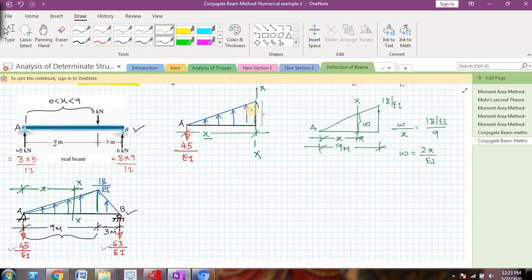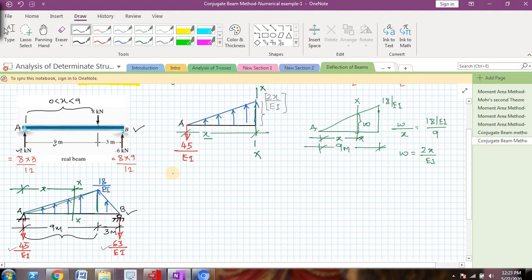So this ordinate is 2x divided by EI. Now I will write an equation for shear force and equate it to 0 so that I can get the value of x, which will tell me the location of 0 shear force on the conjugate beam, or 0 slope on the real beam.